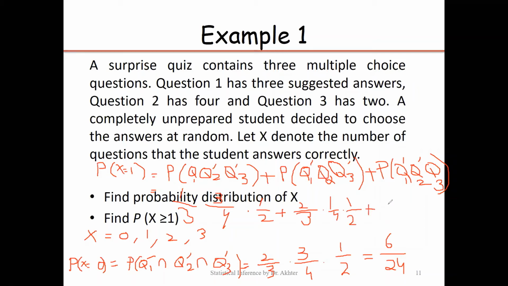And then we have probability question 1 incorrect 2 by 3 multiplied by 2 incorrect 3 by 4 and 3 correct is 1 by 2. So you have denominator of 24. This is 3 plus 2 plus 6, which becomes 11, so this probability is 11 upon 24. Now 6 upon 24, 11 upon 24, and the last is what? Probability x is equal to 2.